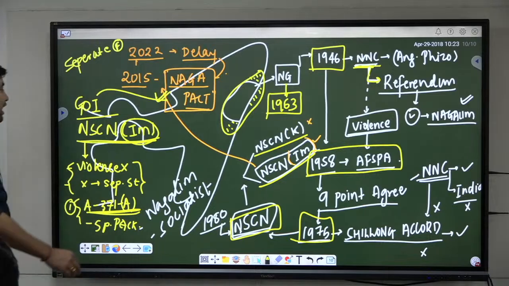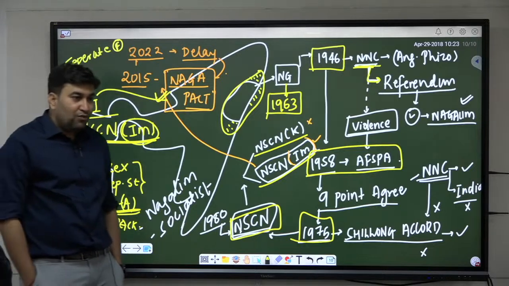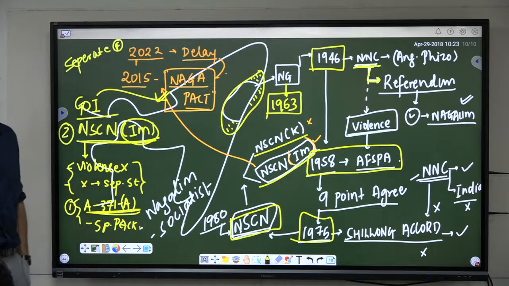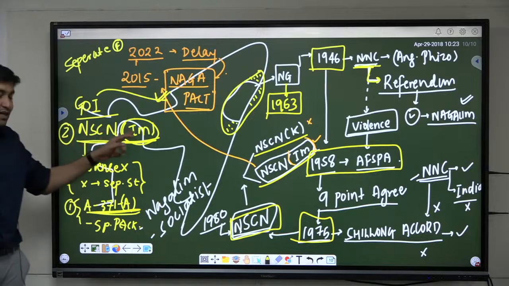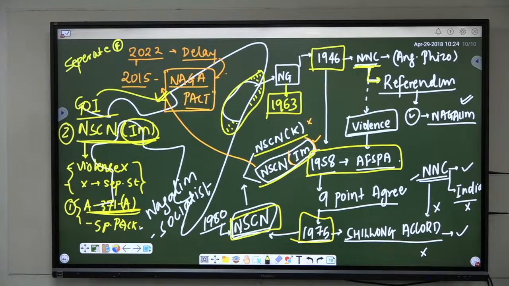Second, the army of NSCN-IM to be dismantled. Third point, more autonomy to the Nagas living in Manipur.